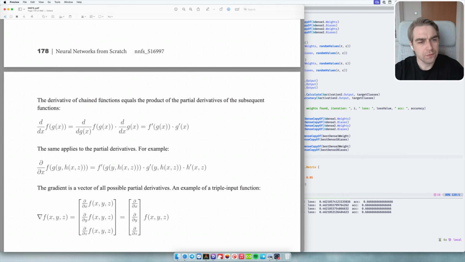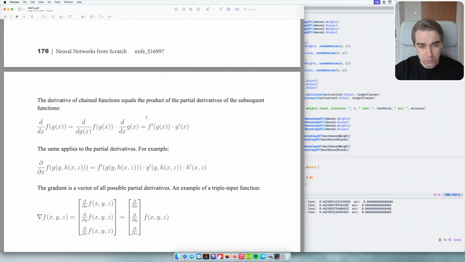The derivative of the chained functions equals the product of the partial derivatives of the subsequent functions. So we have the derivative of the first onion layer over the inner value.